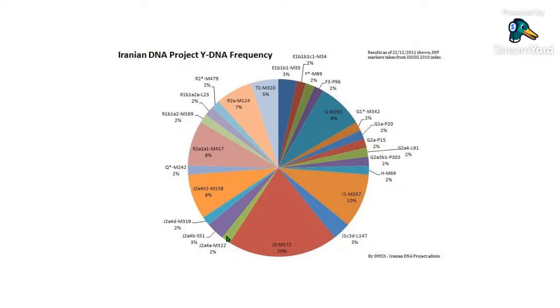Now, these other Judaic lineages could be from other people, but the percentage of people that are descended from King David and King Solomon, by the way, if you remember, both King David and King Solomon had many wives and concubines, so they're probably the progenitors of this largest population of J2.